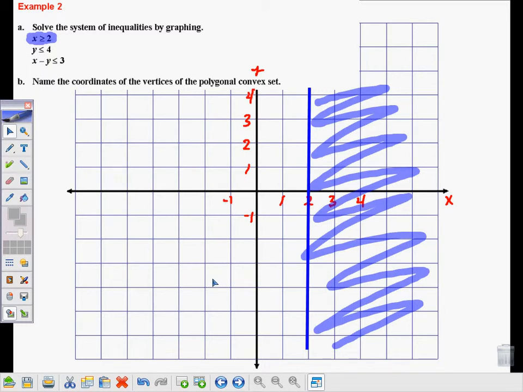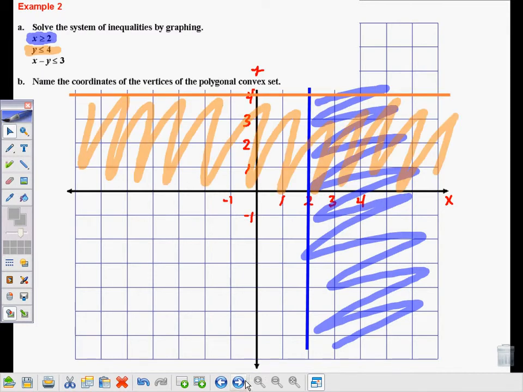Now we'll move on and graph on the same set of axes, y is less than or equal to 4. And here we are, that's where y is 4. It's a solid line because it's less than or equal to, and then it's shaded below because that's where the y values are less than 4. Finally, let's graph the line and the solution set for x minus y is less than or equal to 3.